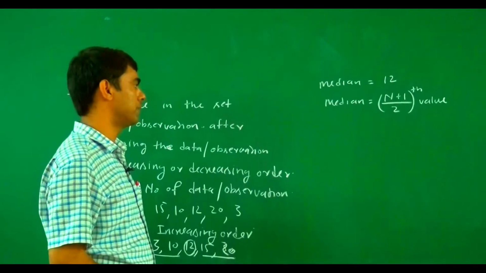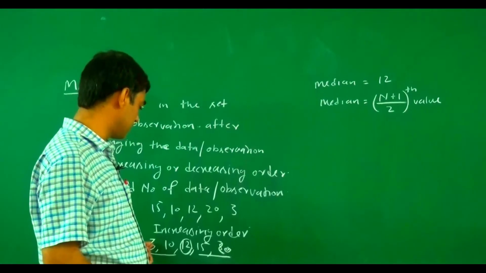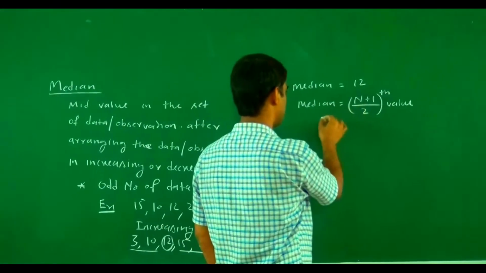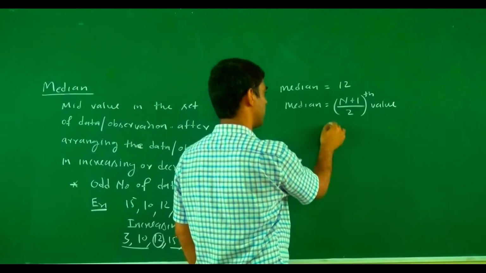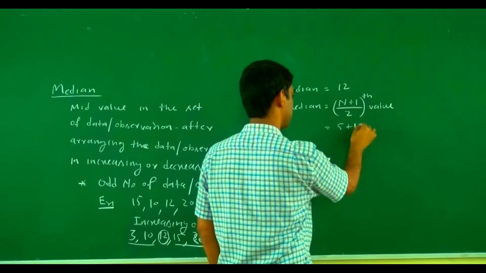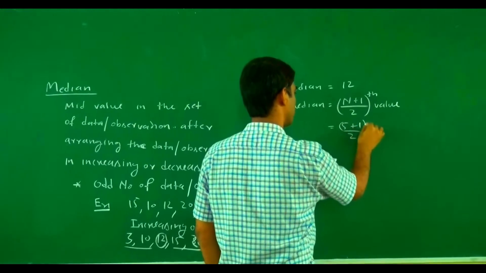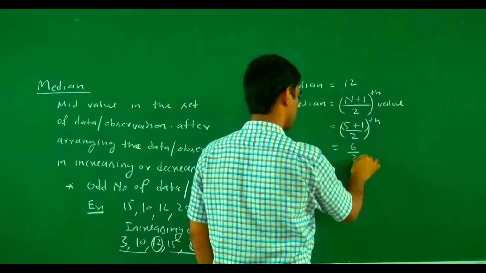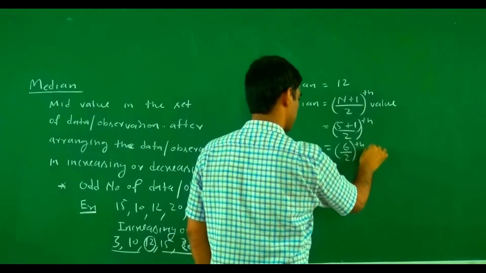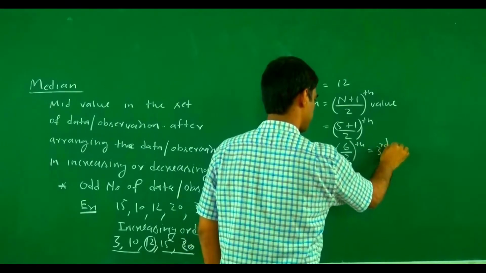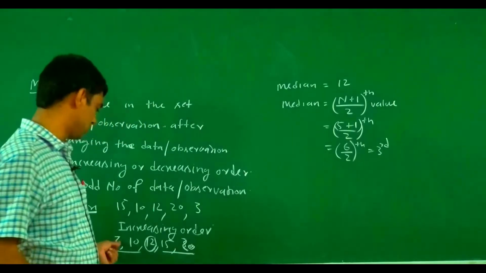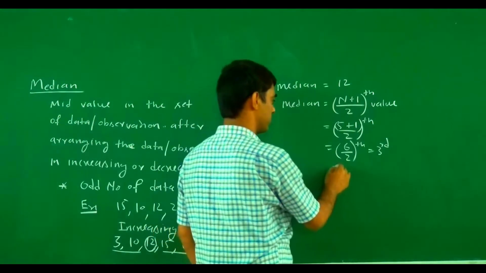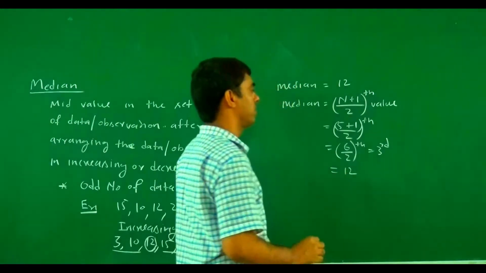With 5 data, the value becomes 5 plus 1 divided by 2, which is 6 by 2, the third data. The third data is the median, which is 12.